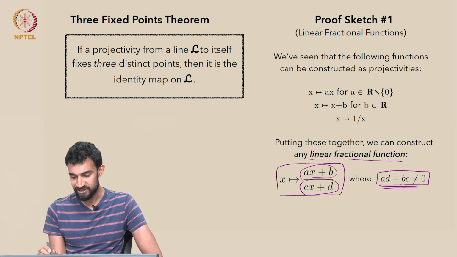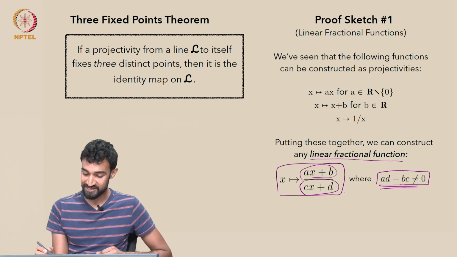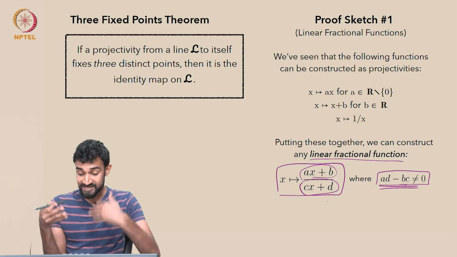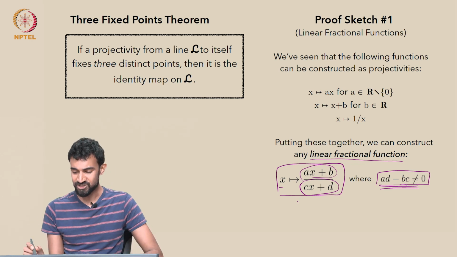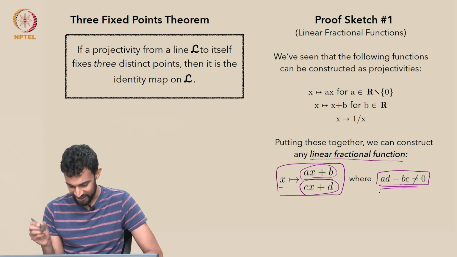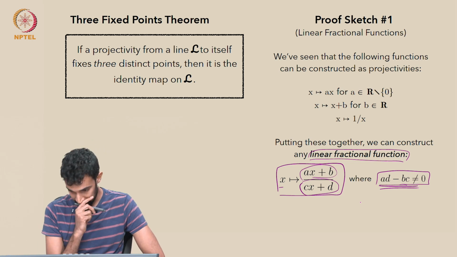And what will happen then? Well, in that case, we're just going to get a constant. The x's will cancel out, and we'll get that x is going to a constant. So that's not a particularly interesting function. And yeah, I guess we don't want to call that a linear fractional function. So we'll exclude this case where ad minus bc equals 0.